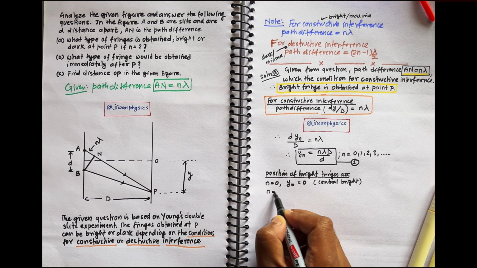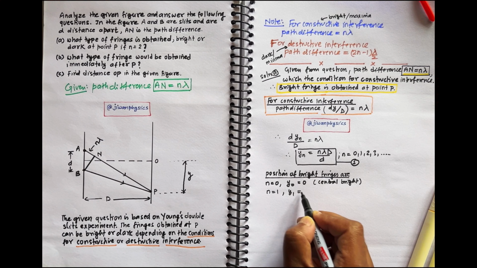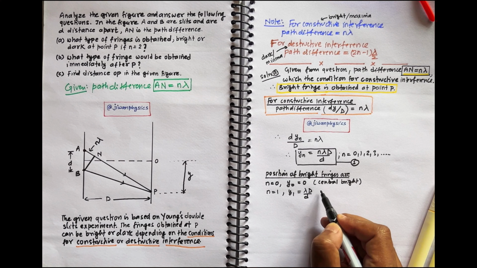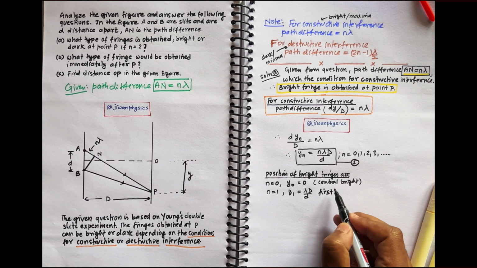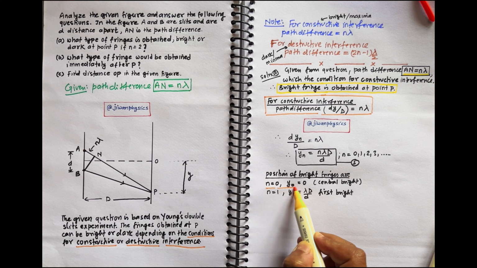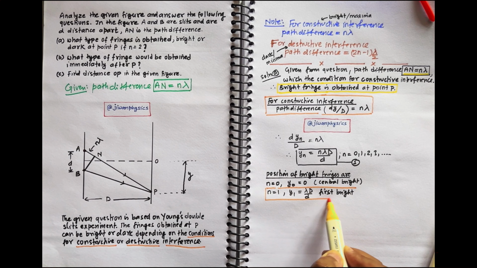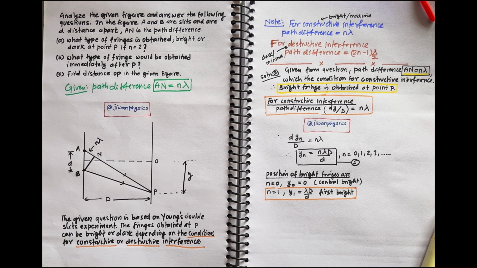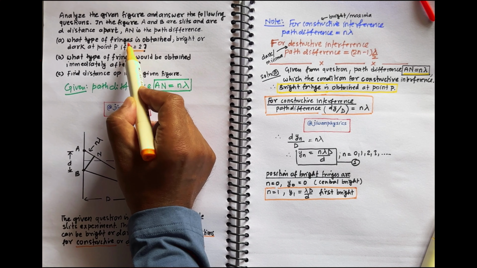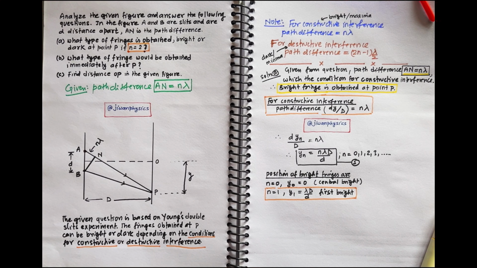And for n equals 1, we have y1. So for n equals 1, this relation becomes lambda D by small d. So this is called the first bright. Okay, this is the first bright. And for n equals 2, we have this in the question.